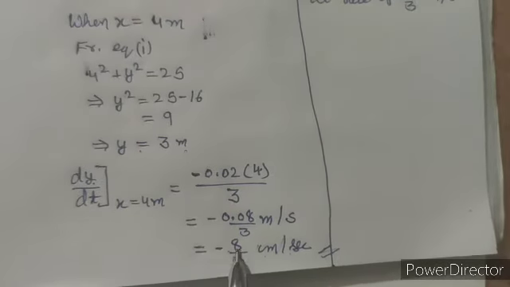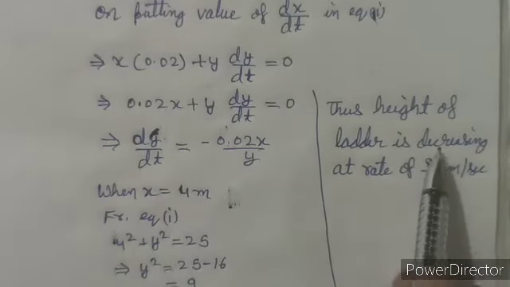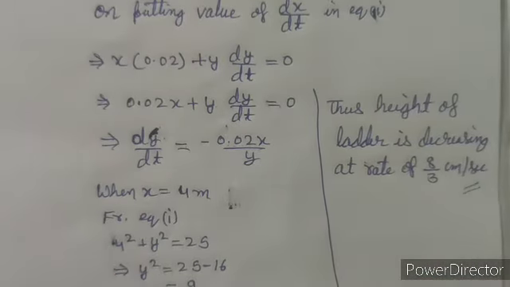Now as this 8 upon 3 is negative, the height of the ladder is decreasing at a rate of 8 upon 3 centimeter per second.